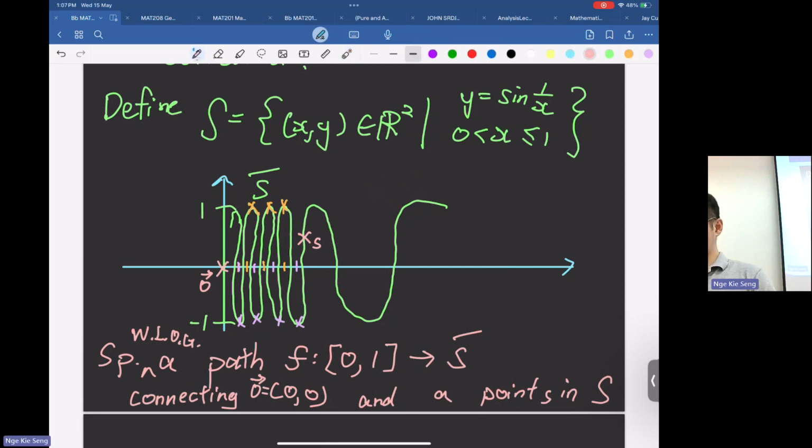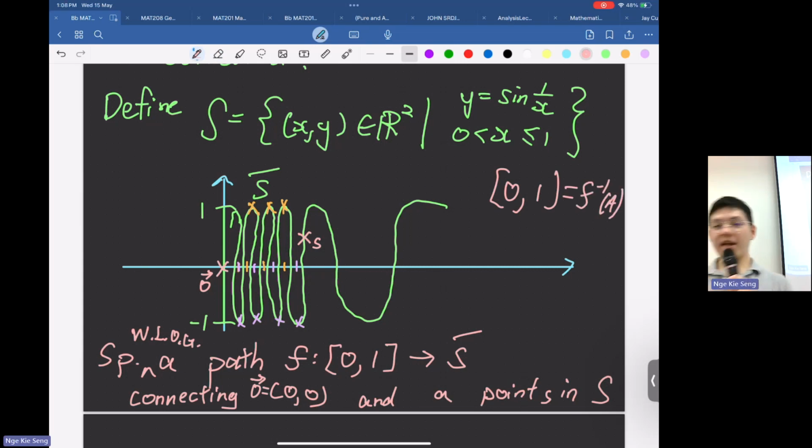So let me write down what you say. Open? From where to where? In what set? So you mean this is the inverse of something? It depends on where you want to put it. If you put it in the whole space, then it is not open. If you look at it as a subspace, then it is open. Oh, you mean this path?